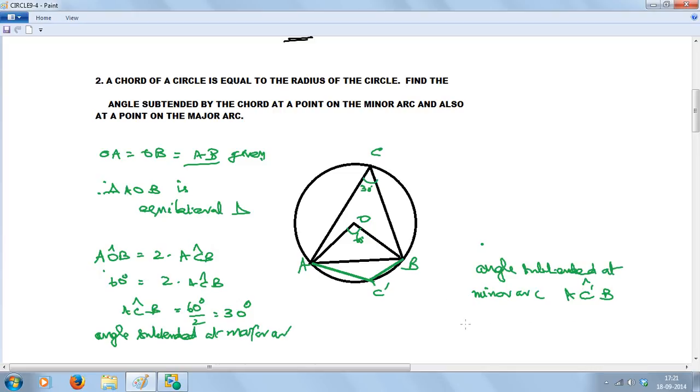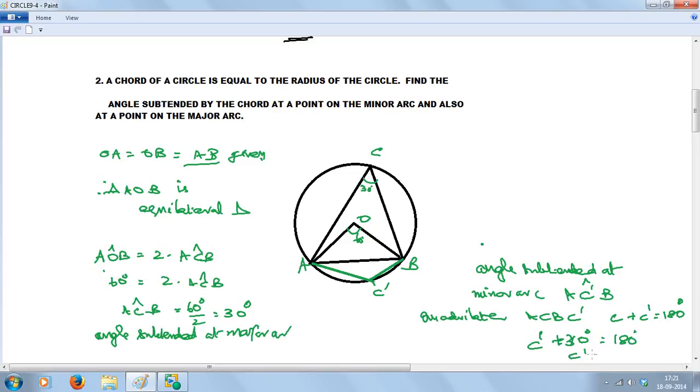Consider the quadrilateral ACBC dash. C plus C dash is equal to 180 degrees. We know what C is; we have worked it out. So C dash plus 30 degrees is equal to 180 degrees.